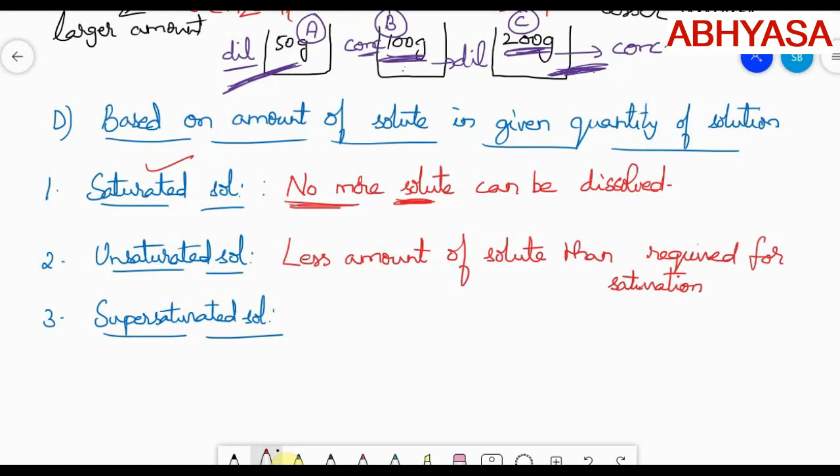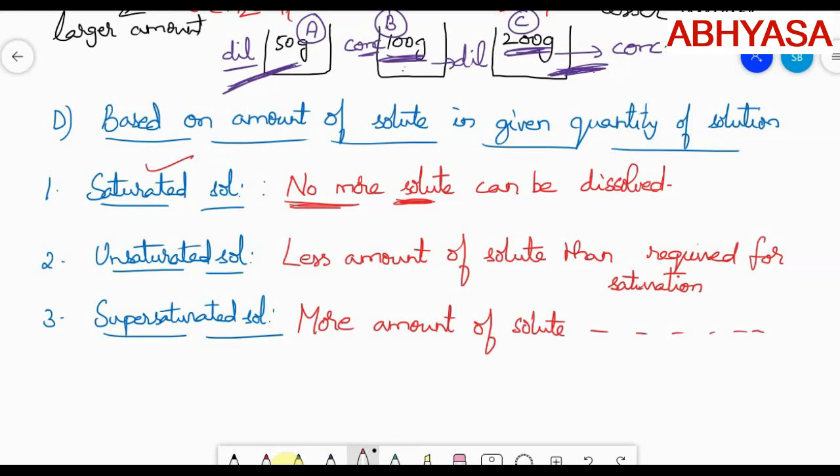And what will be the meaning of supersaturated? Super means more than the original one, or more than the maximum capacity. So the solution which contains more amount of solute than required for saturation is called a supersaturated solution.